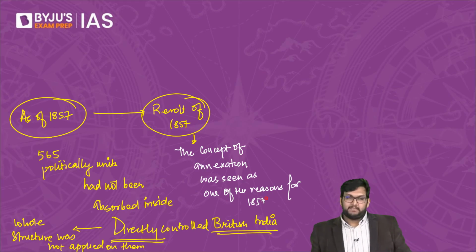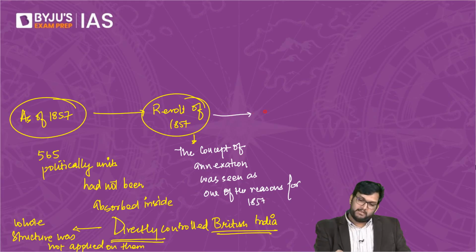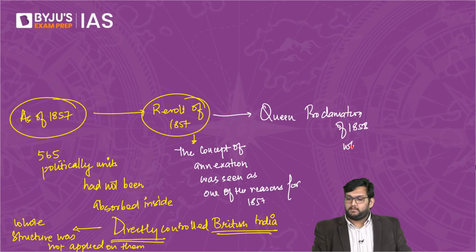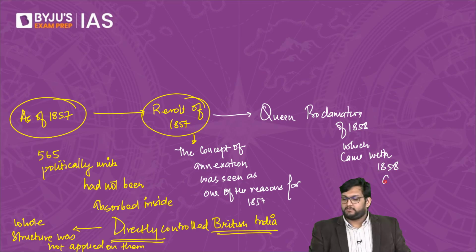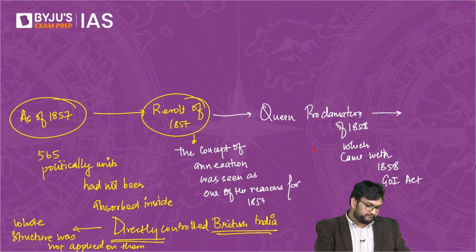And that is why in the Queen's proclamation of 1858, which came with the 1858 Government of India Act, it said no annexation.